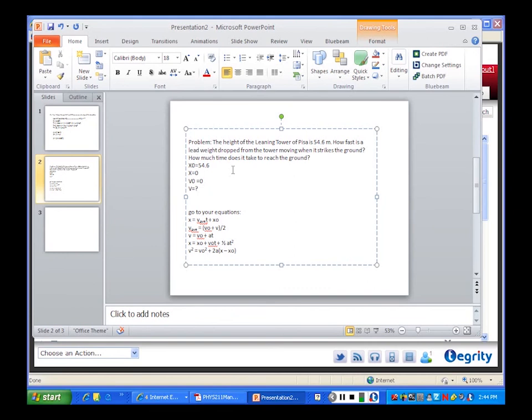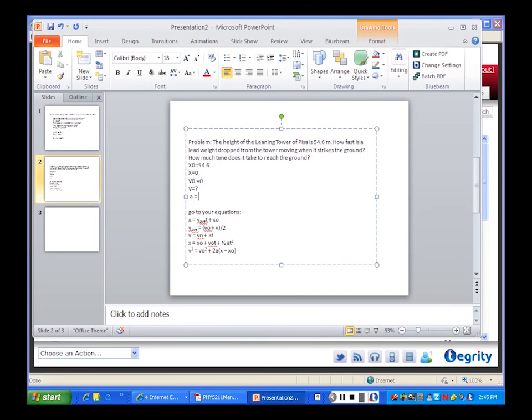What is the acceleration? Well, I don't really want capital A there, but that's what this program is doing. A equals... Because we have a one-dimensional problem here, and we've designated the ground as 0 and the top of the tower as 54.6, we've inherently said that the upward direction is positive, haven't we?